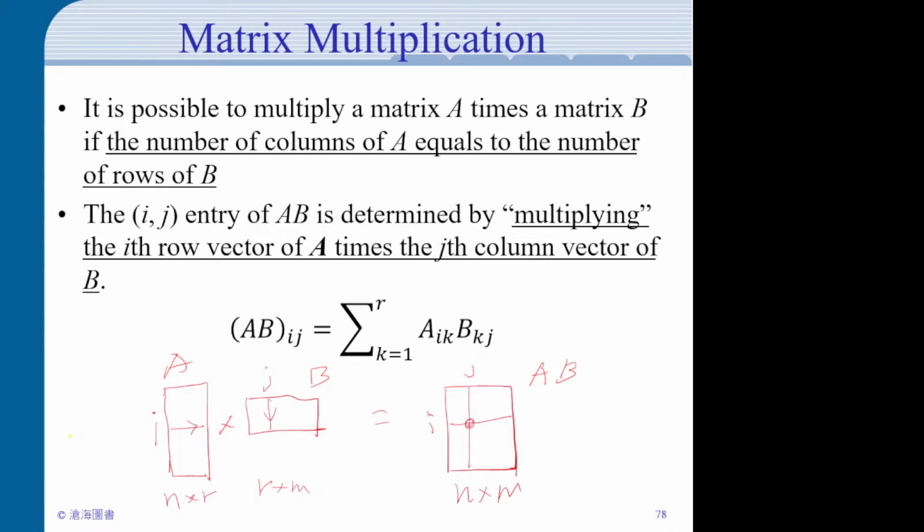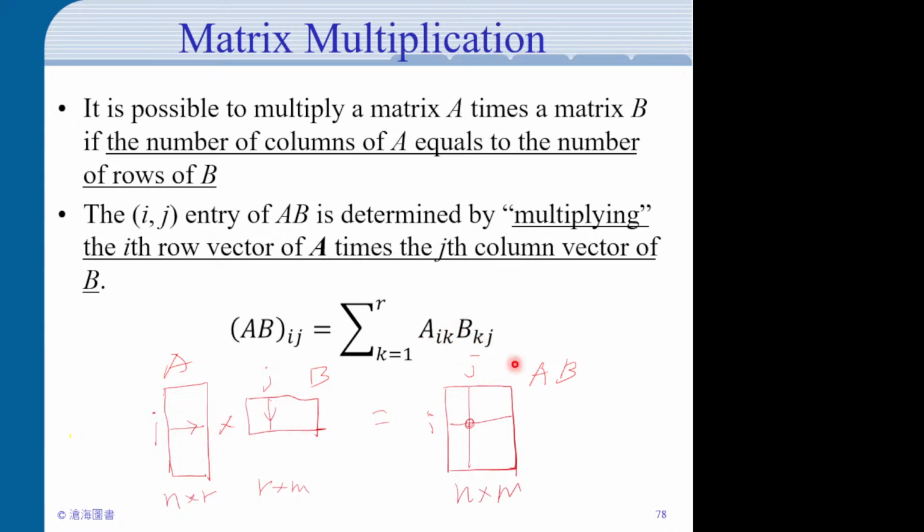Element-wise definition. So the ijth entry of AB is this weird sum. So this is something that depends on the ith row of A and the jth column of B. And this entry is a summation, so we are summing over some dummy variable from 1 to R. So we are doing this summation kind of through this and this, okay?